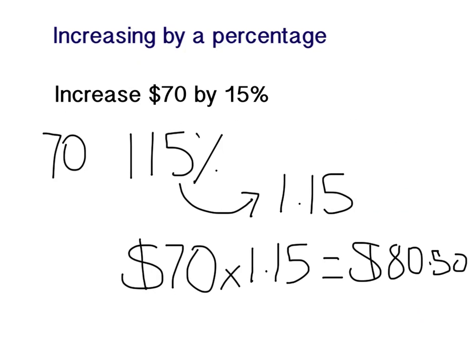One more time: 115% of $70 is $80.50, because if I'm to increase $70 by 15%, I'm finding 115% of its worth. That's how to increase a value by a percentage.